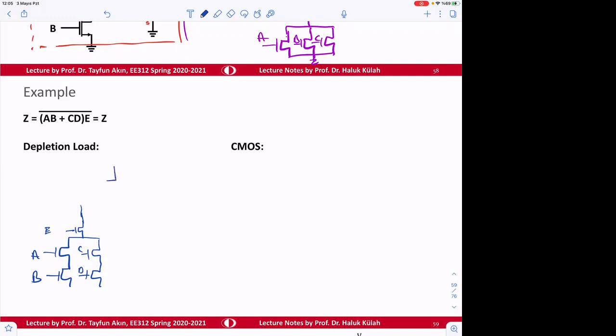So E or A, E or something like this. C and D. This one is E and B, VDD. So this one is what?